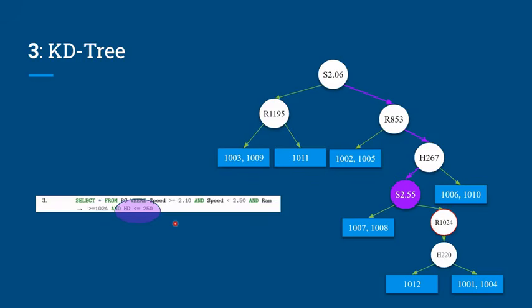And the speed is also less than 2.50. So as 2.55 is not actually less than 2.50, hence we know that we should go to the left side subtree, which would contain this bucket 107 and 1008. And here, this one would be our records in the outcome of such query.